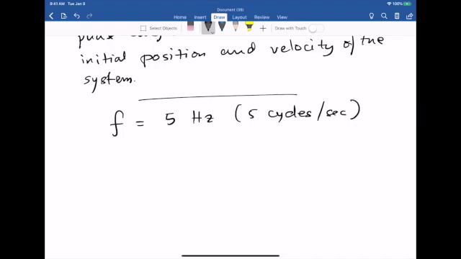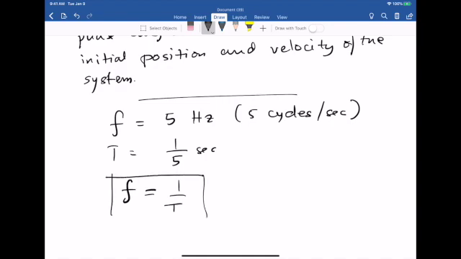Of course, if it's doing 5 cycles in 1 second, that means one cycle is happening in 1/5 of a second. So the time period would be 1/5 of a second, right? So you can clearly see that frequency and time period satisfy the relationship f equals 1 over T, or T equals 1 over f.